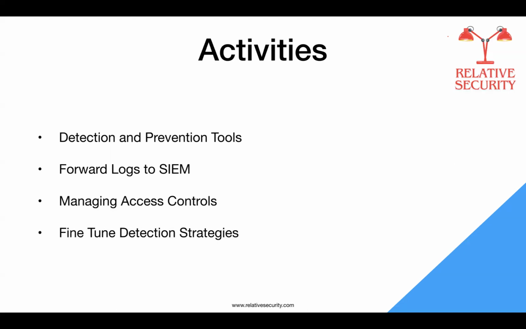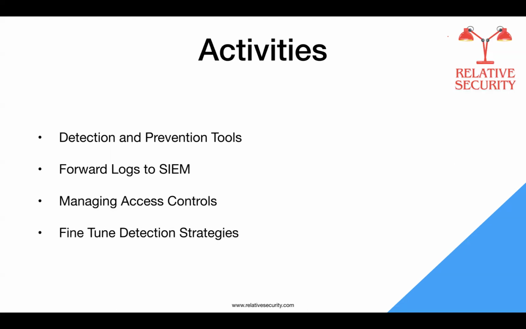Last but not the least, we are going to discuss fine-tuned detection strategies. In the context of network monitoring and defense, the process of optimizing the parameters and configurations of the detection mechanisms to enhance their effectiveness in identifying potential threats and security incidents is of paramount importance.